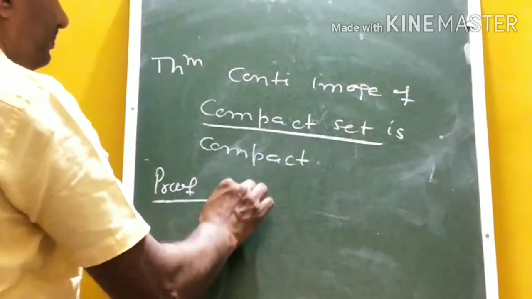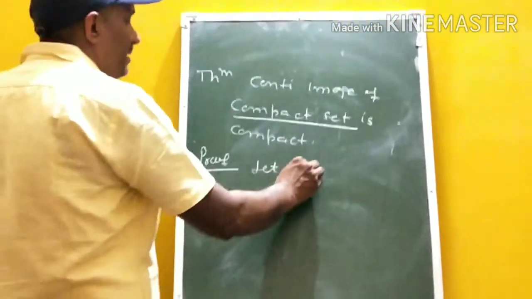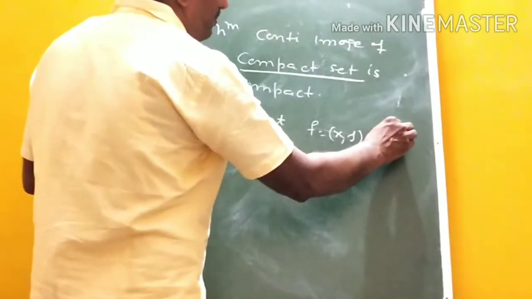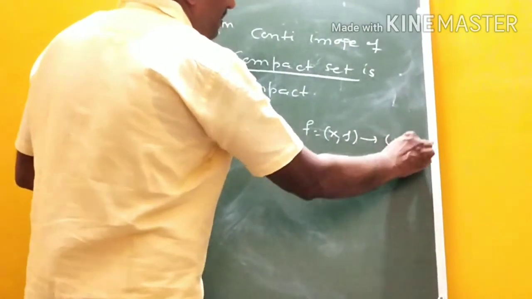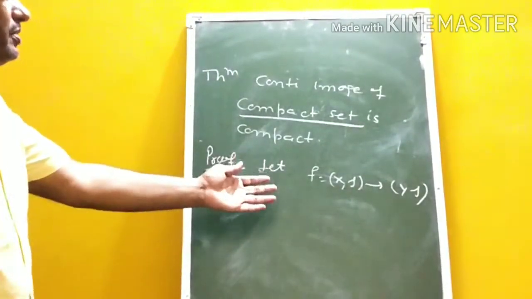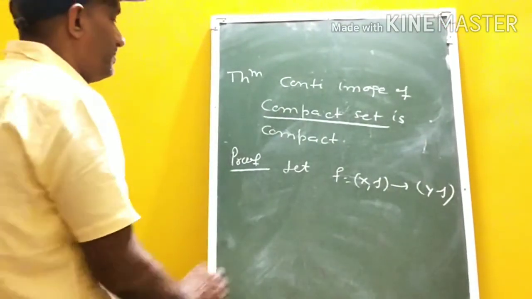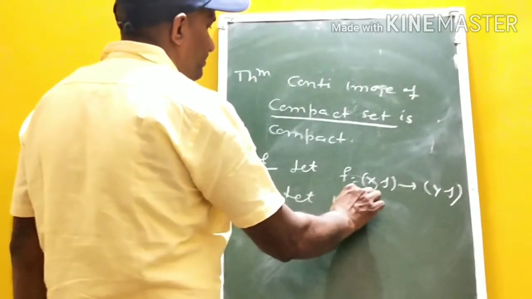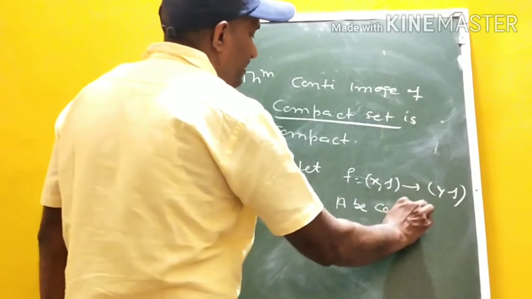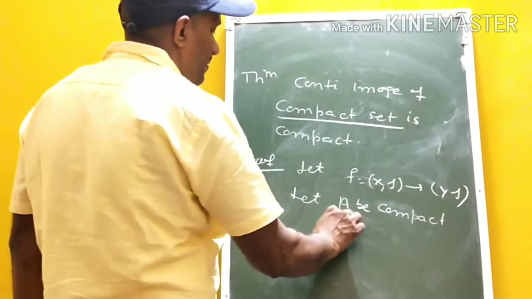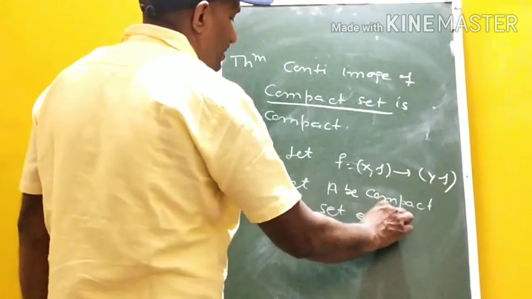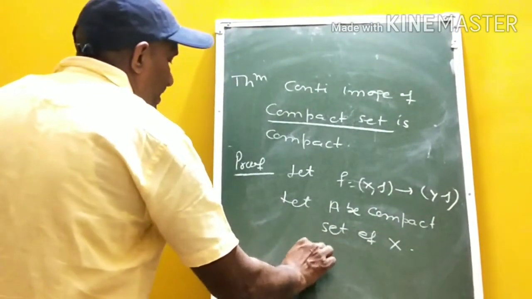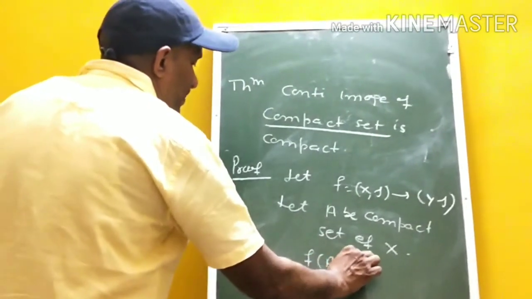Let f be an onto mapping from one topological space X to another topological space Y. Let A be a compact set of X. We want to show f(A) is compact.